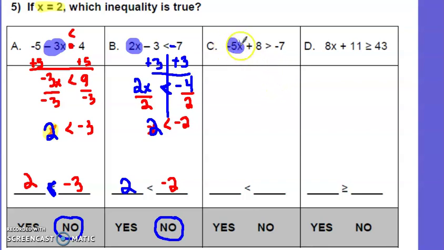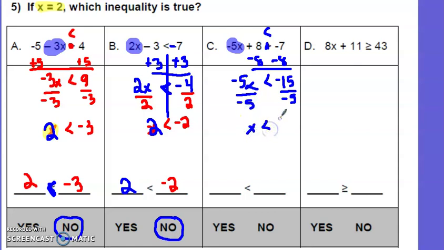So with answer choice C, you should see that this is negative, so we're going to flip the inequality. We're going to subtract 8 from both sides. We're going to get negative 5x is less than negative 15. And then we're going to divide both sides by negative 5. And we get x is less than 3.